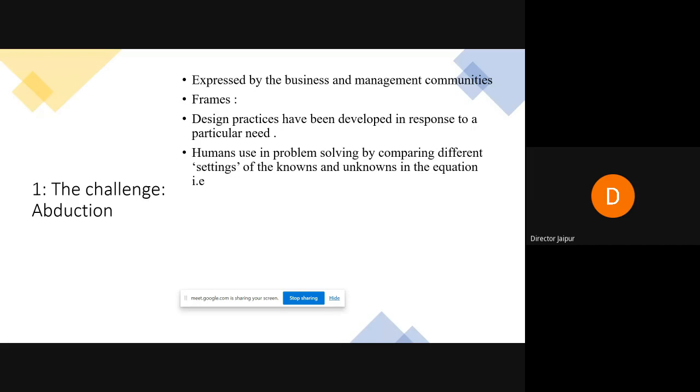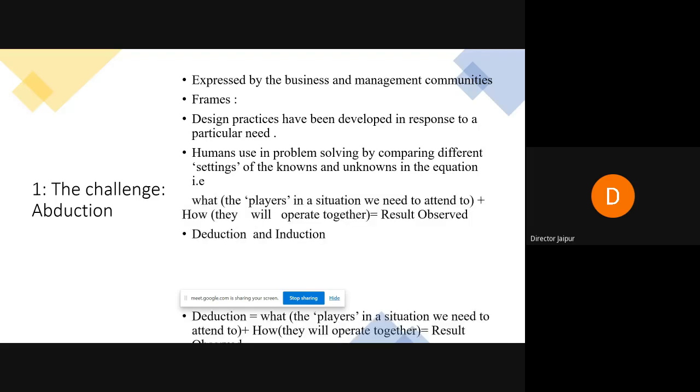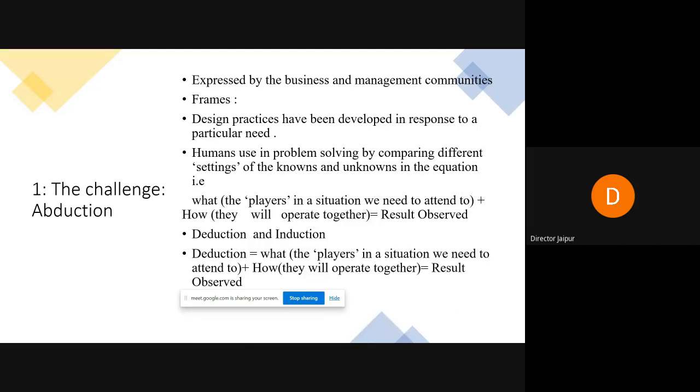So deduction is what, induction is what plus how, and then we have the result. Next one is abduction. What is abduction?